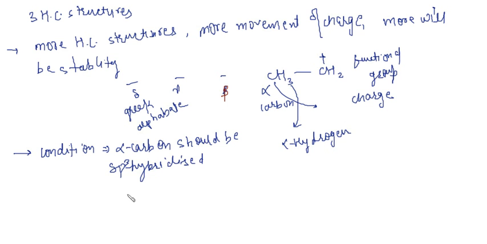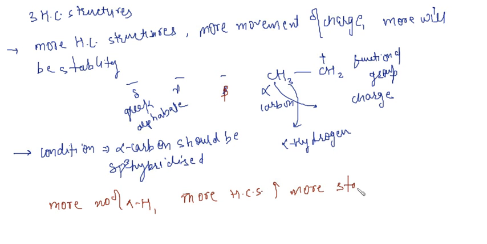And if we take more number of alpha hydrogens, more number of alpha hydrogens means more hyperconjugating structures, more stability of charge.